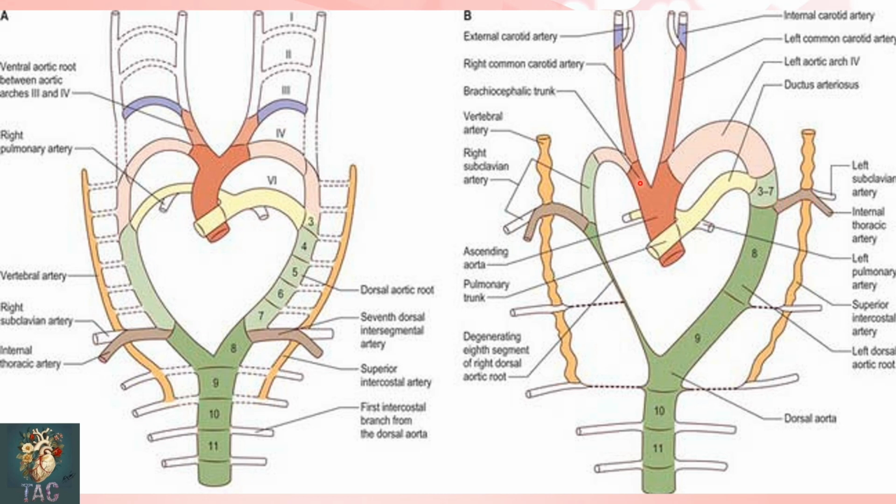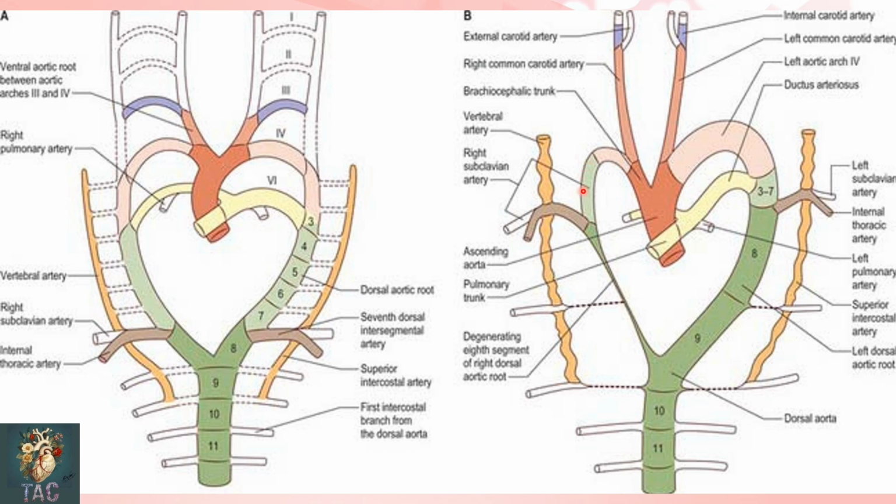On the right side, the light pink color is showing you the fourth aortic arch, this area. So this fourth aortic arch on the right side is forming the proximal part of the subclavian artery. Remember, this is the proximal part of the subclavian artery.